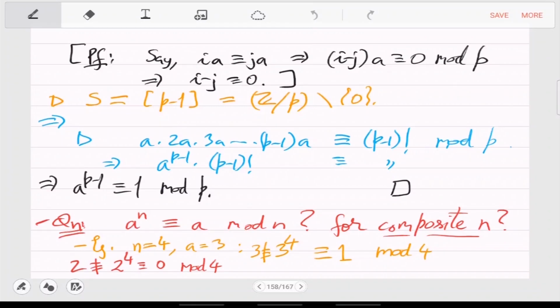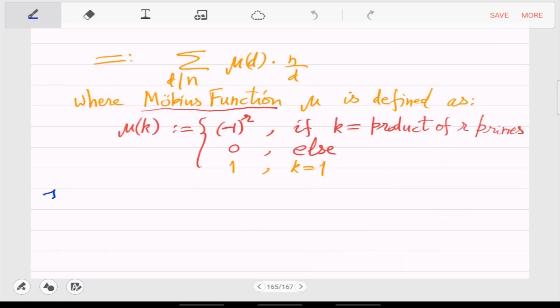In a to the p minus 1, what is p minus 1? It's phi of p, right? So we'll try a to the phi of n, and we'll recover Euler's theorem.